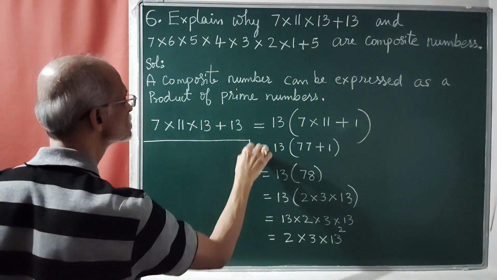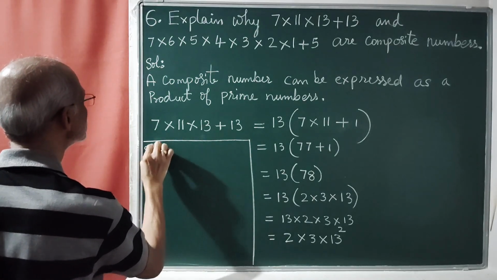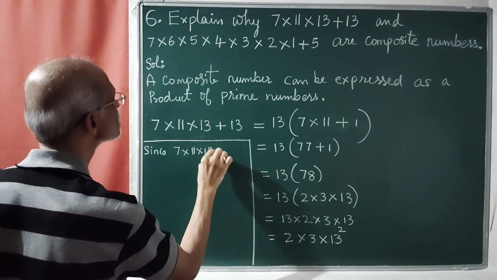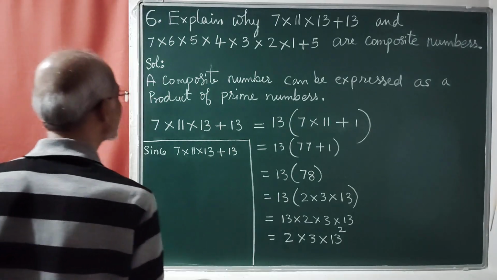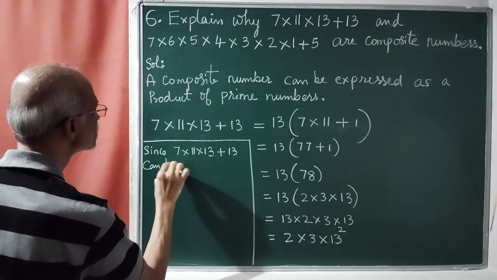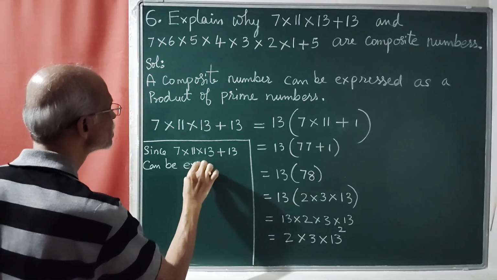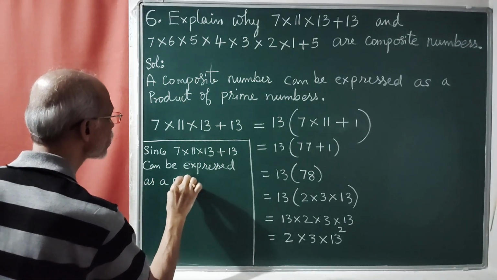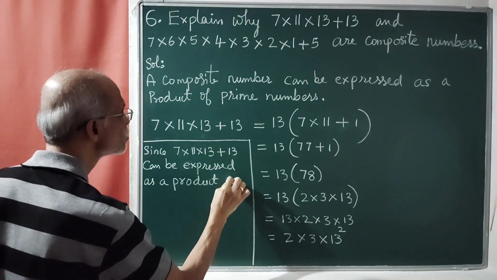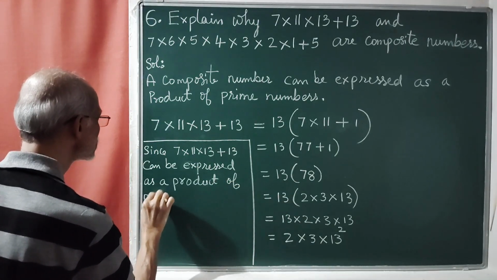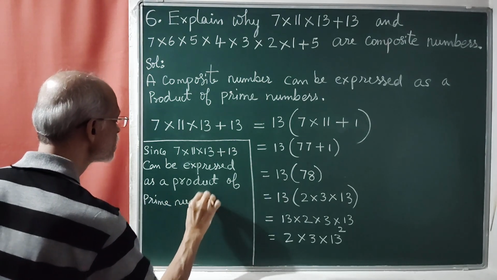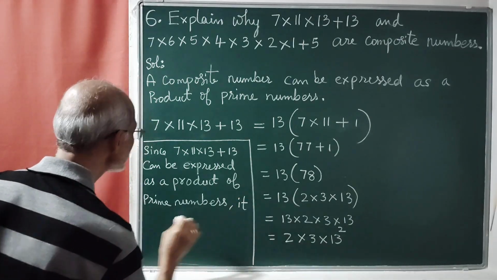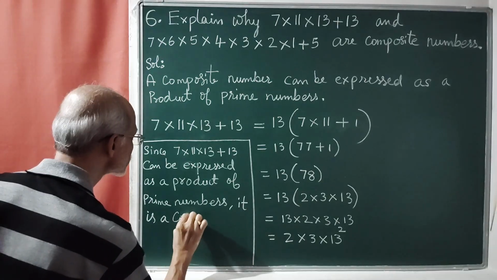You can write it here, answer. Since 7 into 11 into 13 plus 13 can be expressed as a product of prime numbers, it is a composite number.